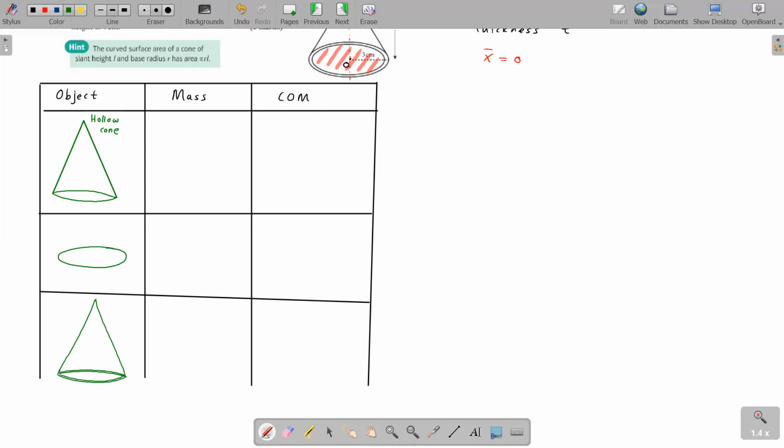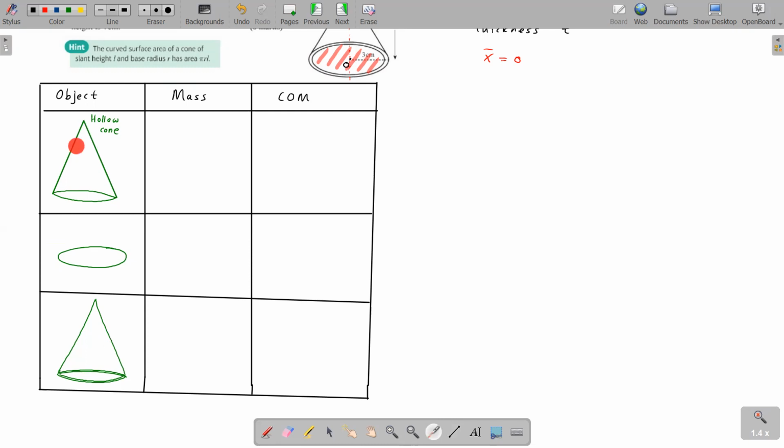All right, guys, can you see how it's done? So this is the cone.